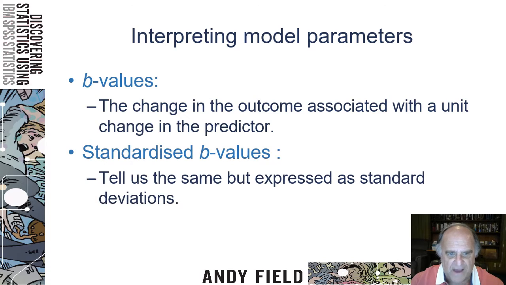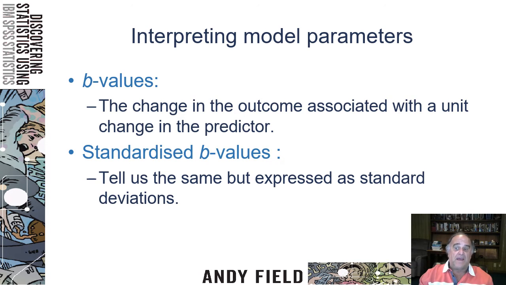Now your beta value is a standardized B value. It tells us the same thing, but it's expressed as standard deviations. So don't take this slide the wrong way. Field is not saying that your beta is a standard deviation measure, because it's not. He's saying that a 1 standard deviation change in X will lead to a beta unit change in the outcome variable.